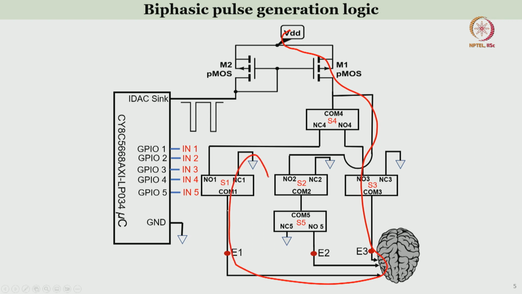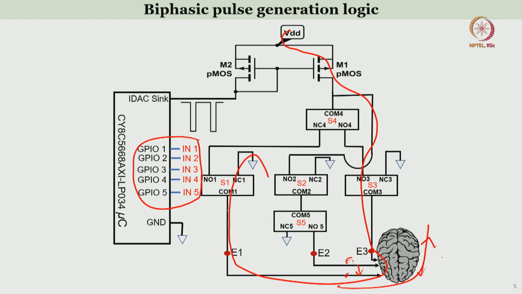If you look at E1 and E2, now the current is flowing in this way, and there is another way where, by properly programming the switch positions, the current flows in the opposite direction, right, and these switch positions are controlled by using GPIO pins.